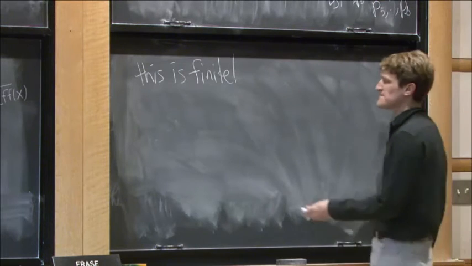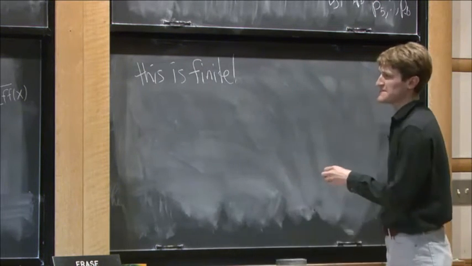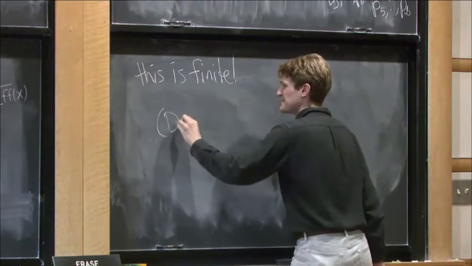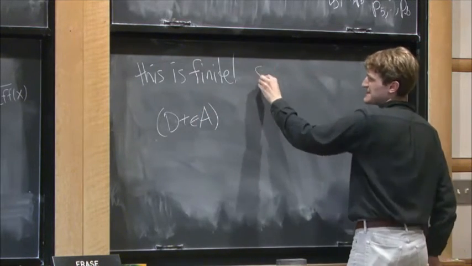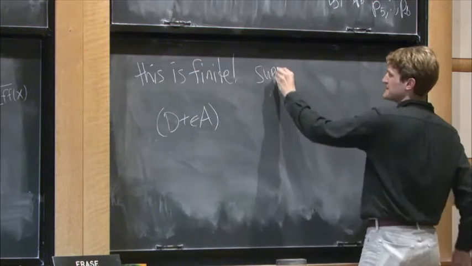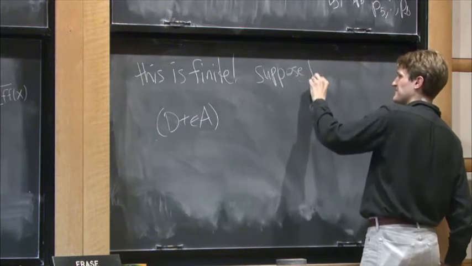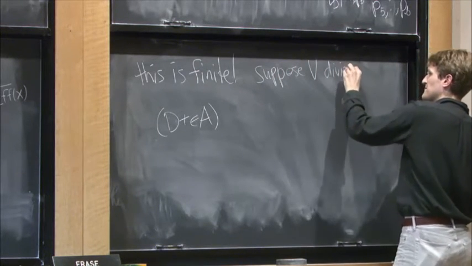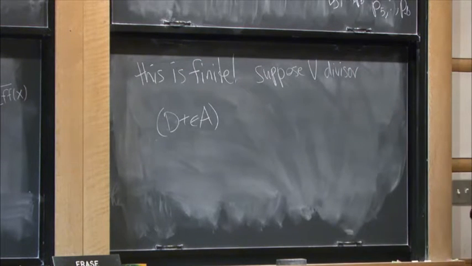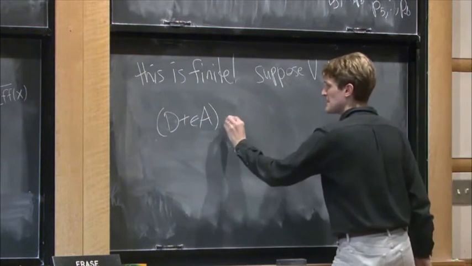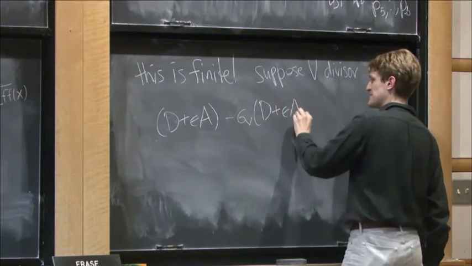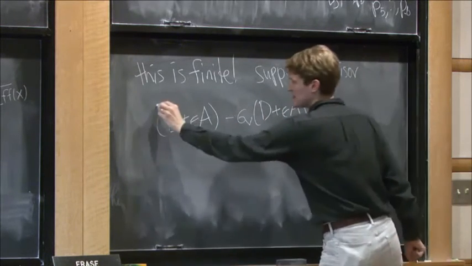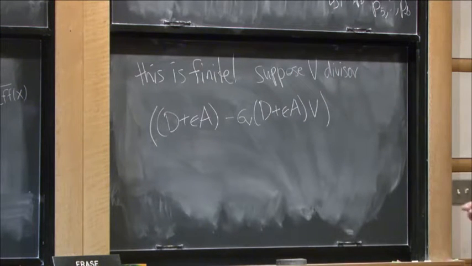And why is that? Well, there's a good trick here. So if we took d plus epsilon A for any epsilon, actually I should say, let's just suppose v is a divisor to make our lives a little simpler, rather than v being some higher codimension thing. If I take d plus epsilon A minus sigma v of d plus epsilon A times v, I get a pseudo-effective class.